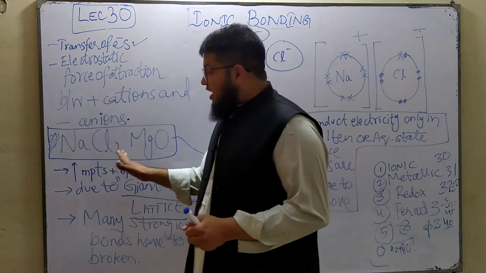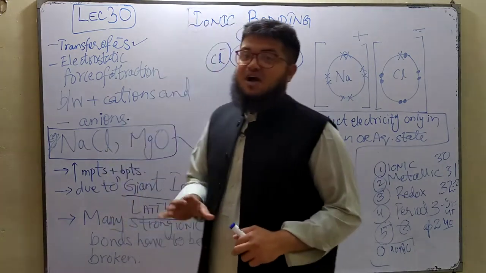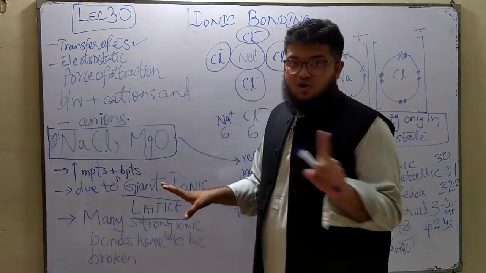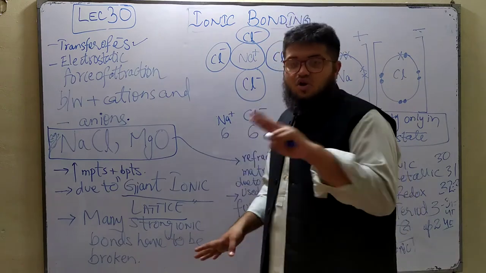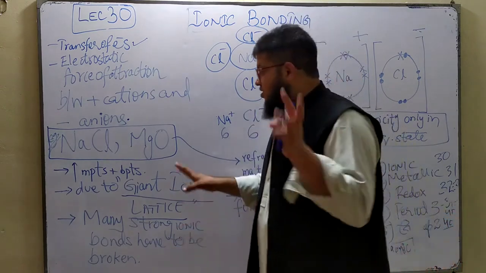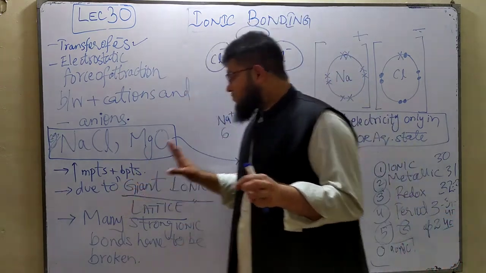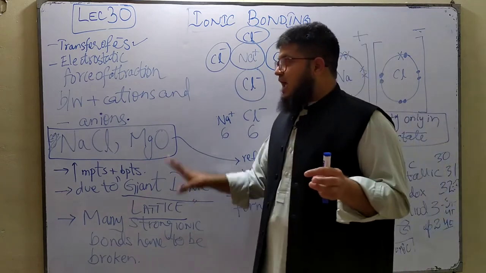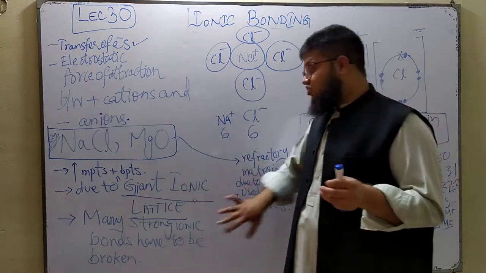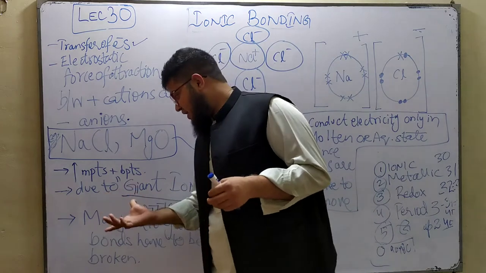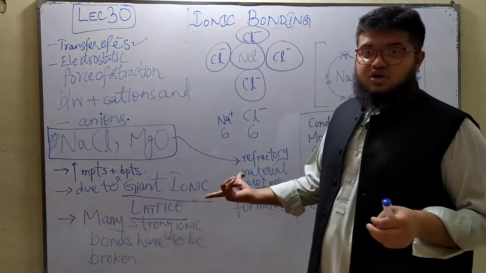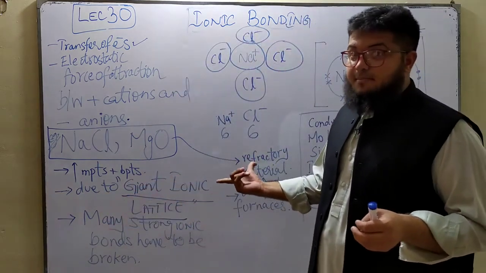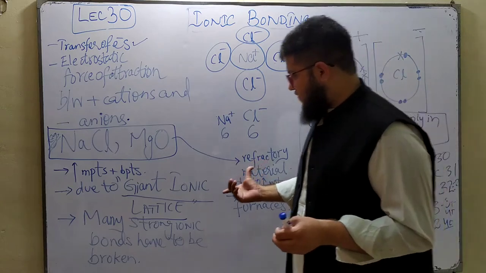And why do they have high melting and boiling points? They have high melting and boiling points not because of intermolecular forces, not because of covalent bonds, but rather because of the giant ionic lattice and the thousands of ionic bonds that they contain. It is called giant because they have many ionic bonds inside of them.